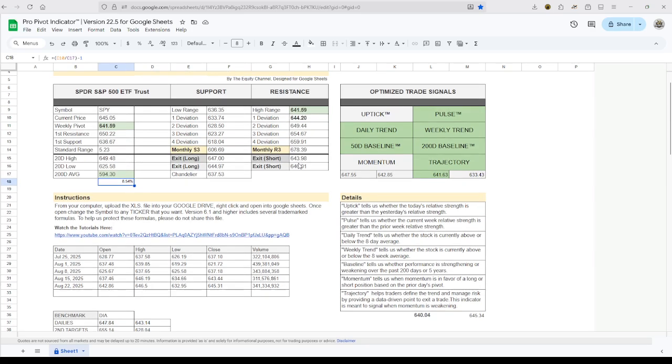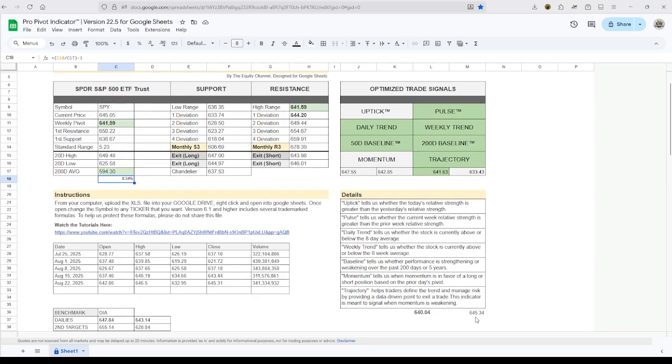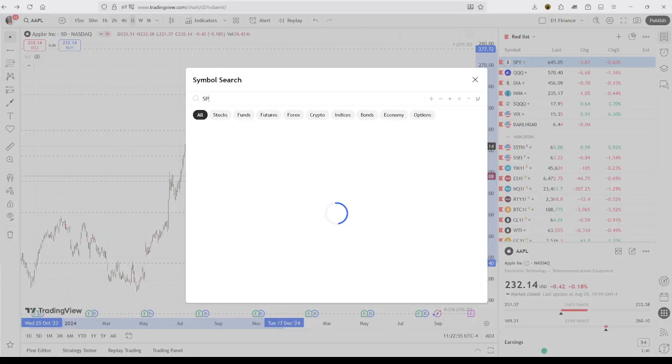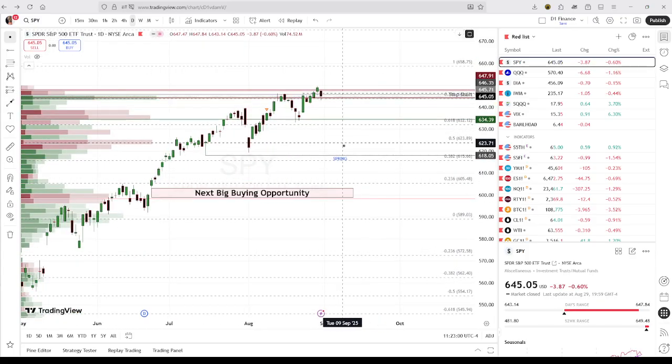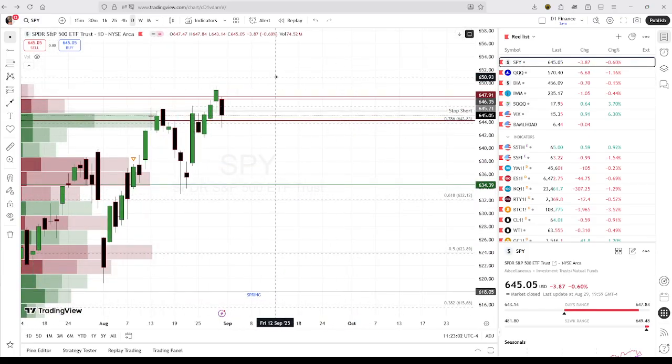A little secret for you is right here. You have your daily pivot. What I like to do is set my daily pivot. So I'll say, okay, 6:45:34. Go over to my chart. Let's go to SPY. My daily pivot is always right here, the one that's in red.